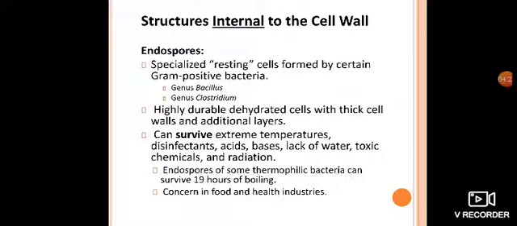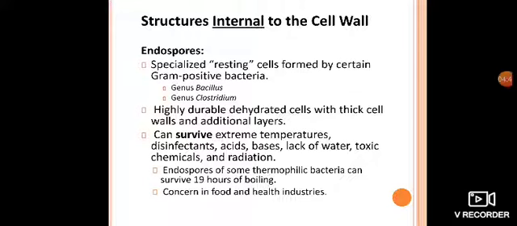They also resist disinfectant, acid, base, lack of water, toxic chemicals and radiation. Whenever the bacteria have a lack of water, they are more durable in nature.